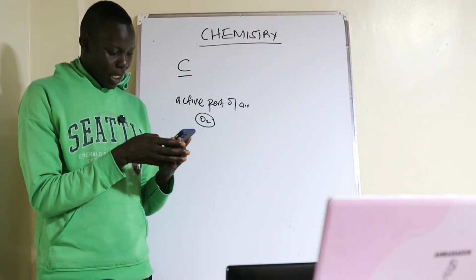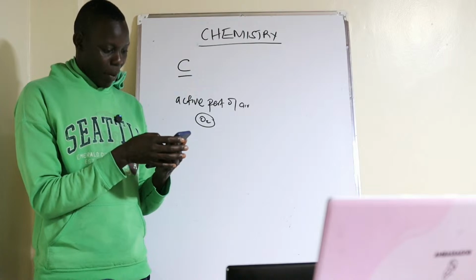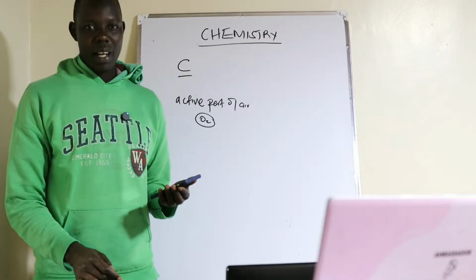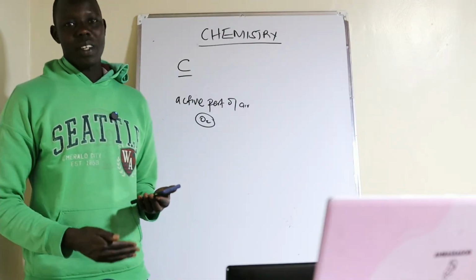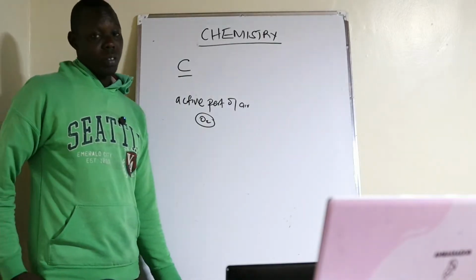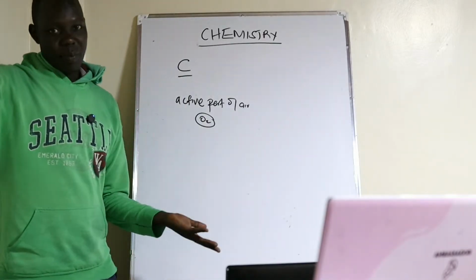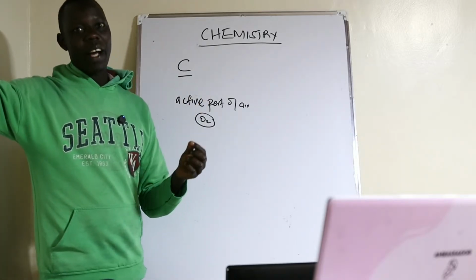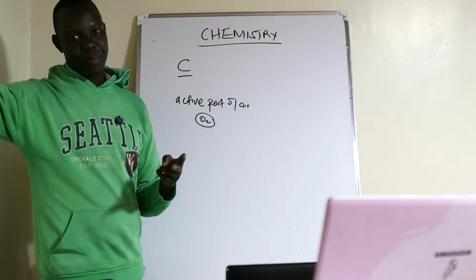So let's look now at the chemical properties of carbon. Number one, combustion, burning of carbon in air. This is simply reacting carbon with oxygen. It burns in air to give carbon dioxide.